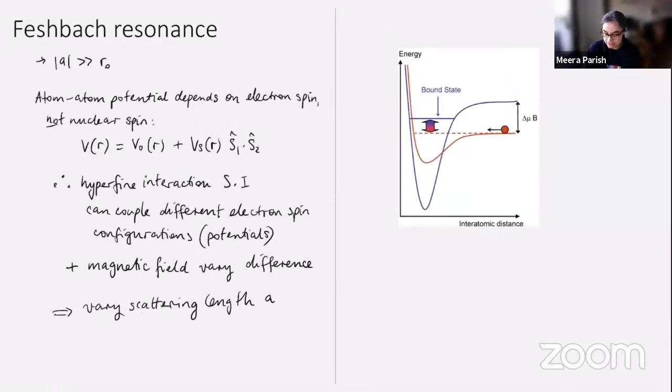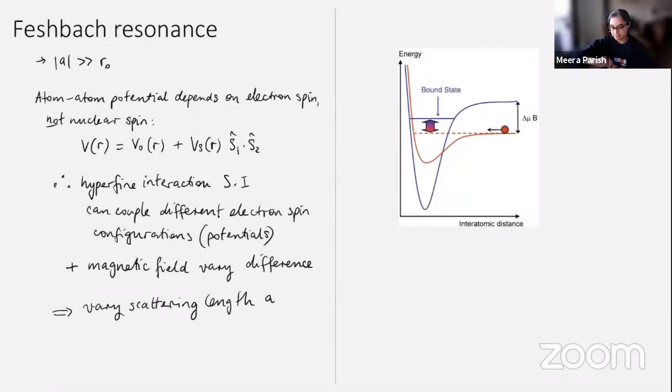The other thing I should emphasize is that the picture I'm drawing here is for alkali atoms. So, say lithium, potassium, and so forth, where you have just a single electron in your outer orbital. Similar resonances have been proposed for other atoms. In particular, there's the case of alkaline-earth-like atoms where you have a completely filled shell.